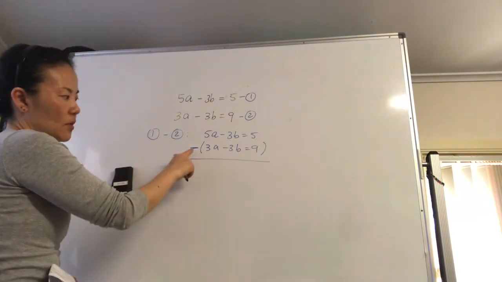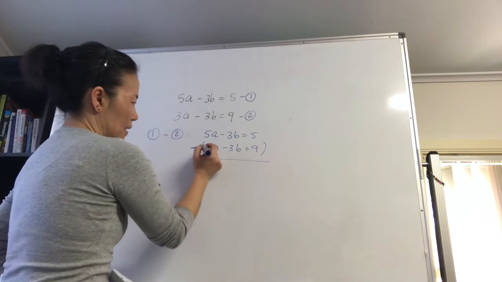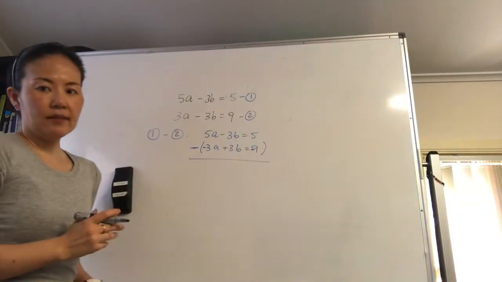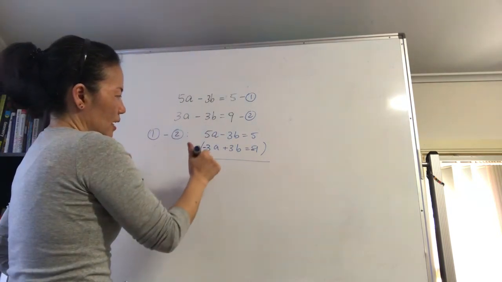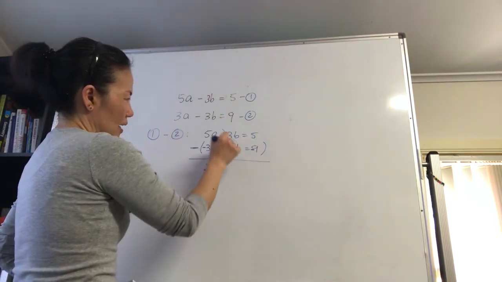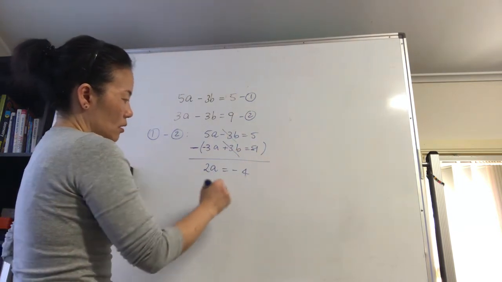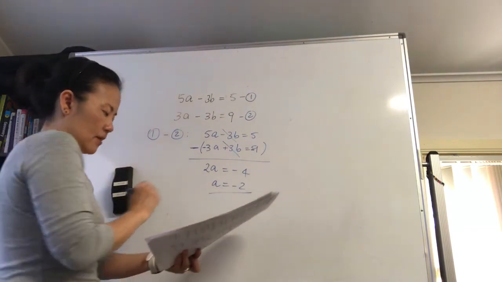If I expand this, it'll be minus here, plus here, minus here. Think ahead, guys. So 5a take away 3a is 2a. That'll cancel out. 5 minus 9 is minus 4. a equals minus 2. Not bad.